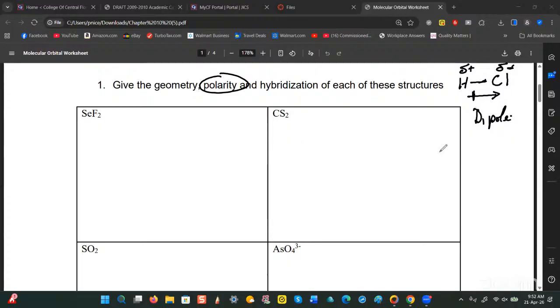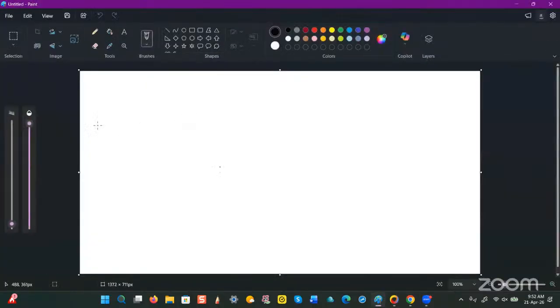So before we do any one of these, let me just do an example. I'm going to use carbon tetrachloride as an example, right?